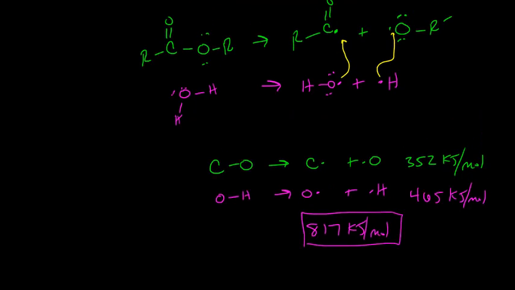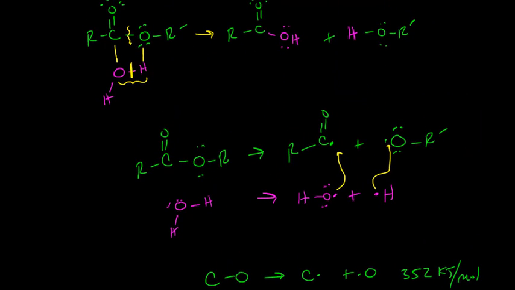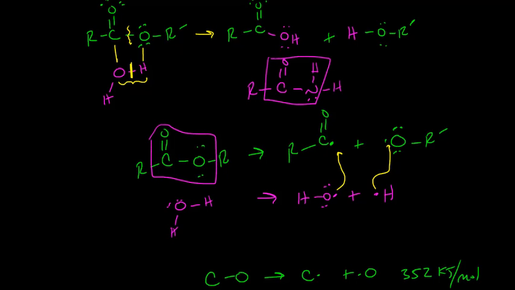Instead, these ester and amide linkages, an amide being R with a carbonyl attached to a nitrogen, are specialized such that they can go through a different reaction pathway to facilitate a hydrolysis reaction. In the next video, we're going to explore that.